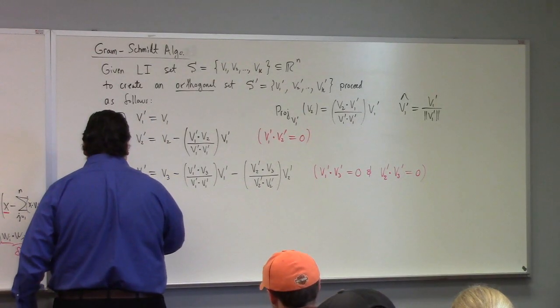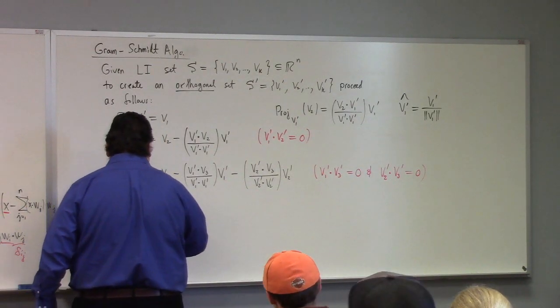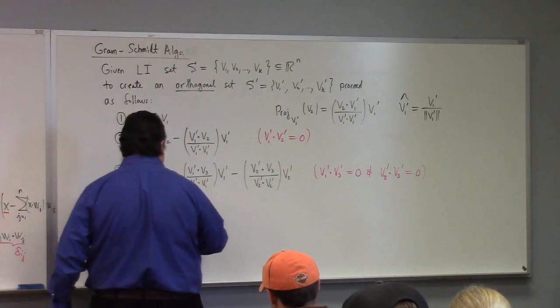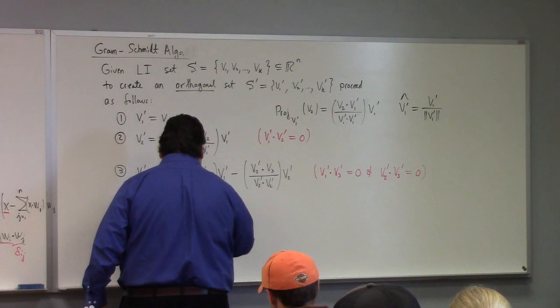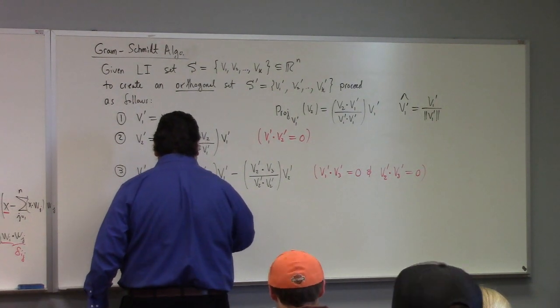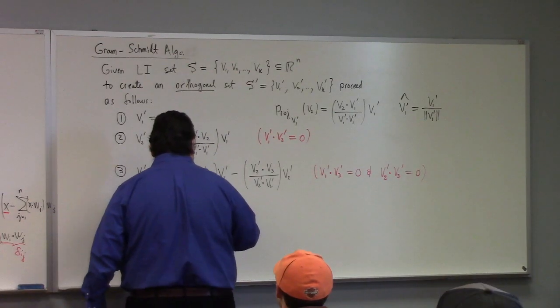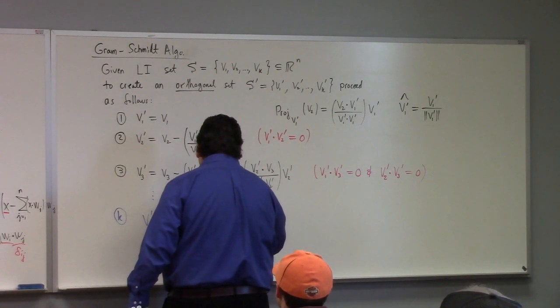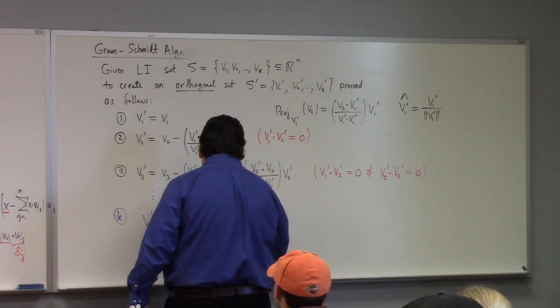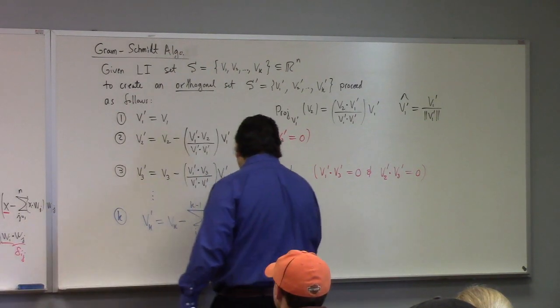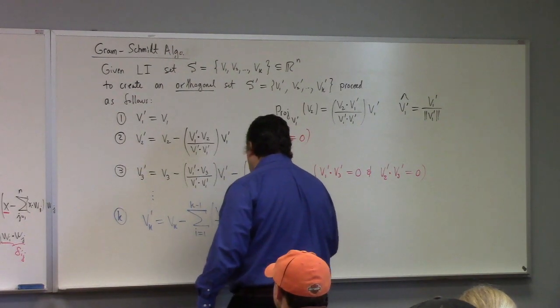And then the kth step, Vk prime is going to be Vk minus, well, I'm tired of writing, the sum, i equals 1 to k minus 1, of Vi prime dot Vk, no prime, divided by Vi prime dot Vi prime, all times, of course, Vi prime, right?